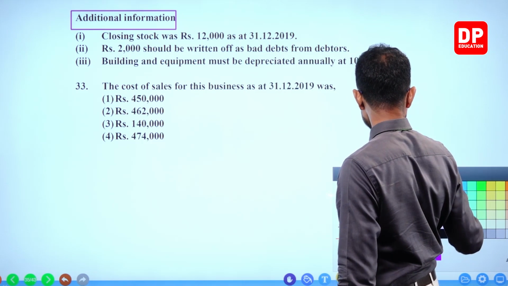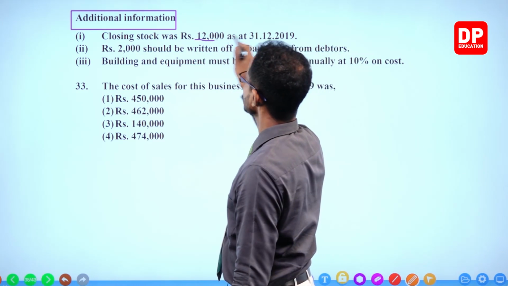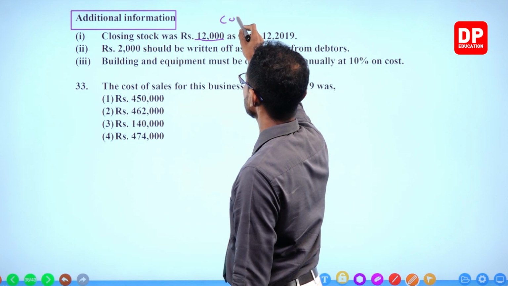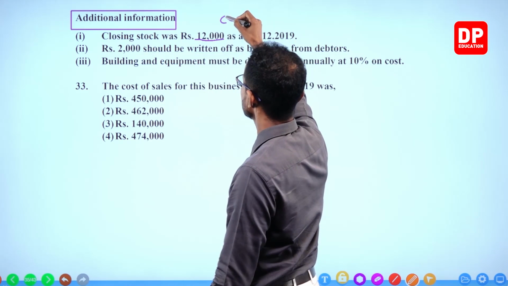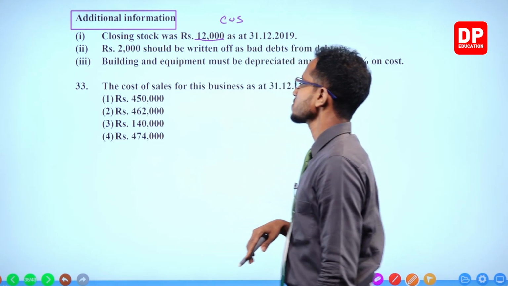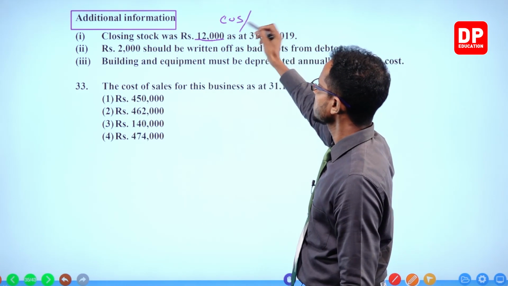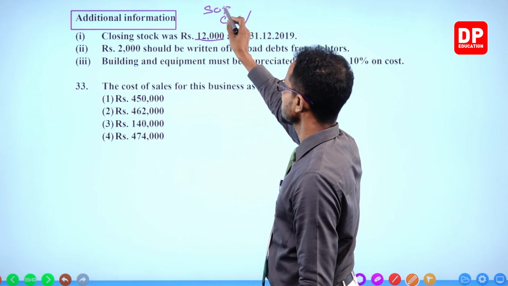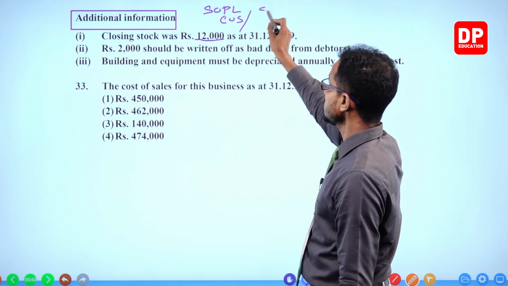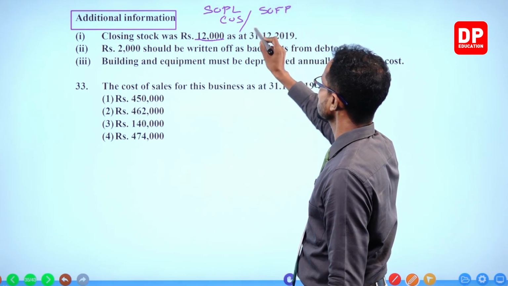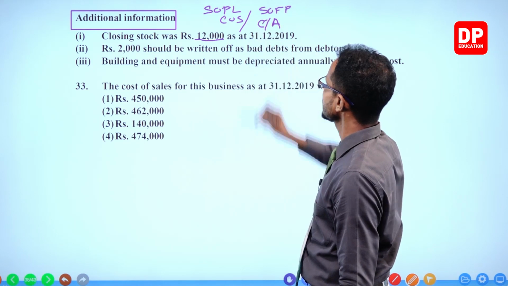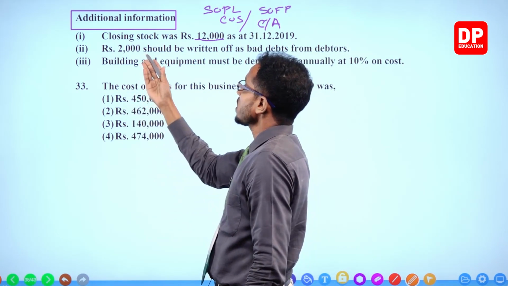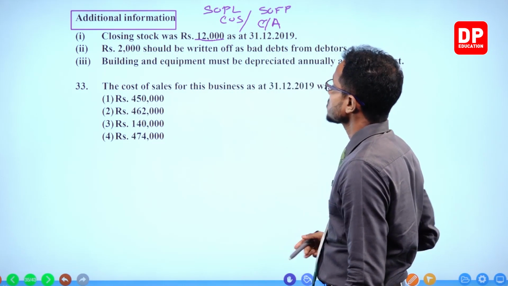This is the closing stock. Closing stock goes to the cost of sales calculation, and in the SOFP, the statement of financial position, it goes to the current assets. 2,000 should be written off as bad debts.